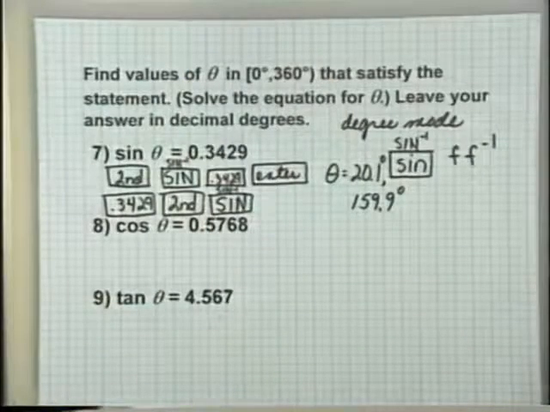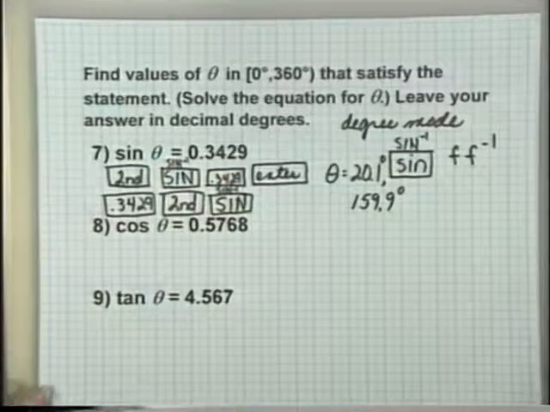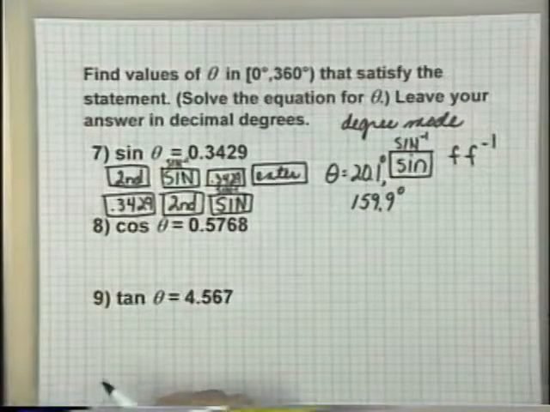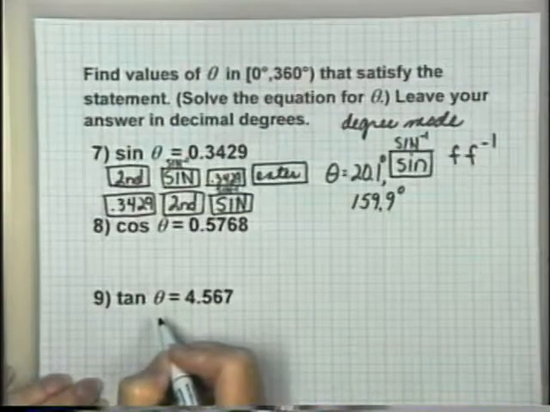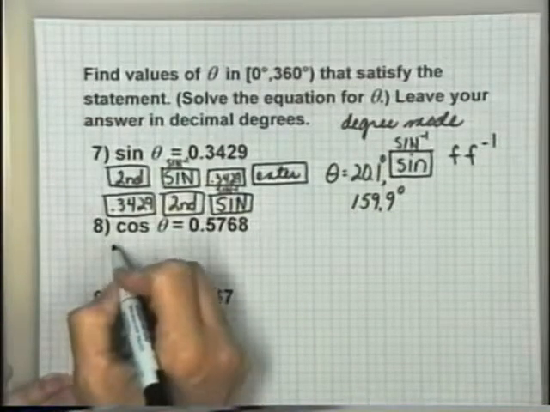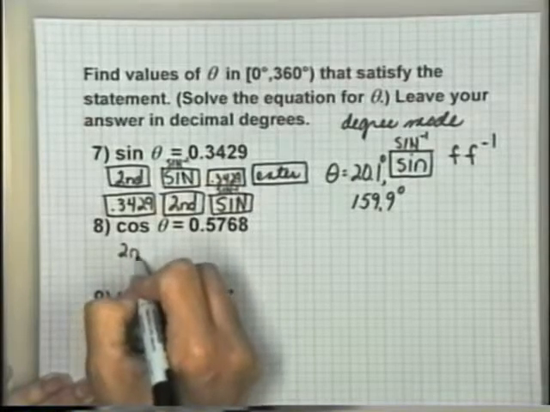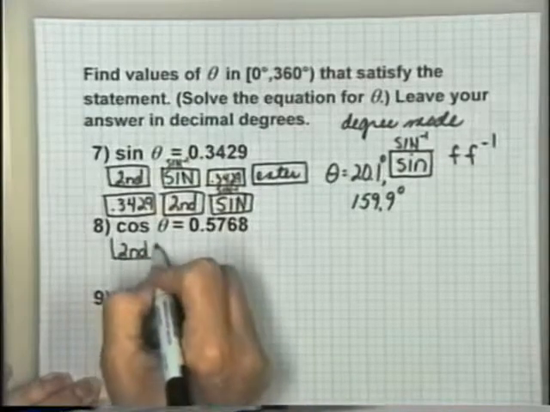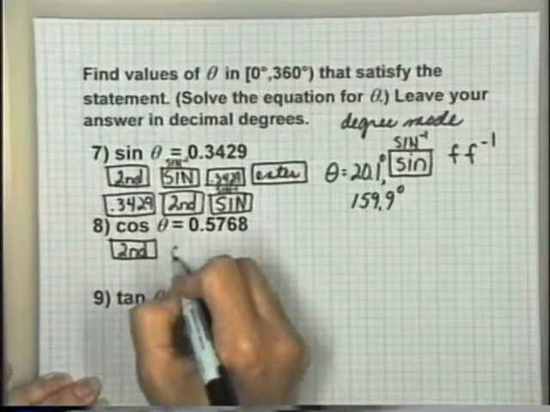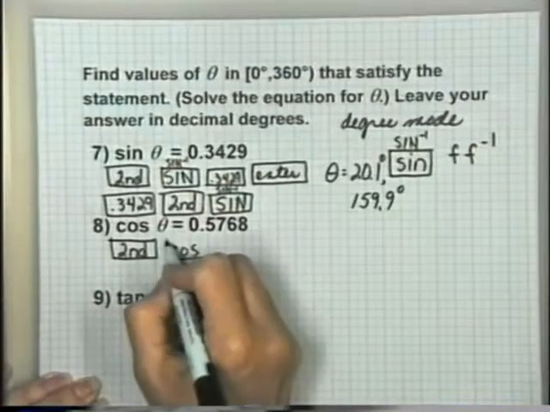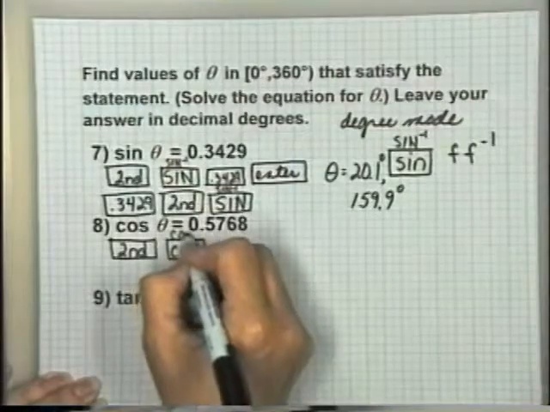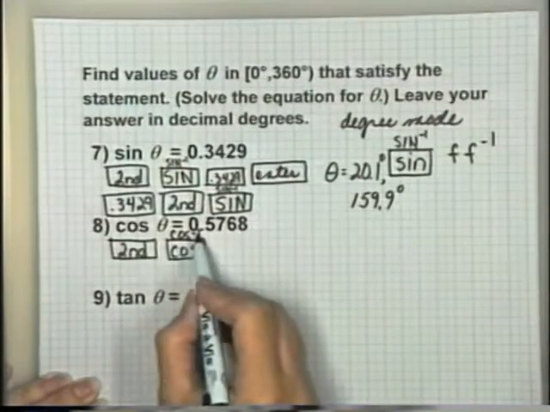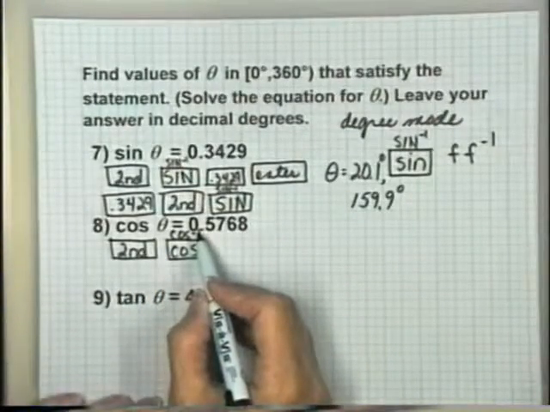All right, let's work another problem with a different trig function. For problem number 8, we know that the cosine of theta equals 0.5768. So since we're looking for theta, we'll use our inverse function. If we're working on a graphing calculator, we use our second function button first. Then we'll push the cosine button, which represents the inverse cosine, and it's written above the cosine button.